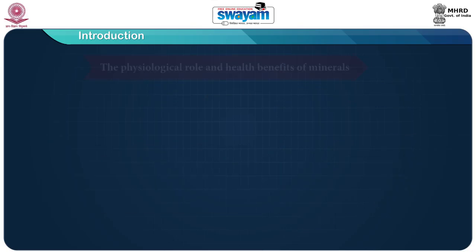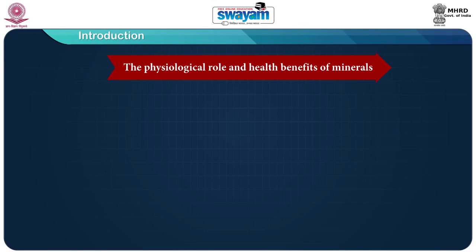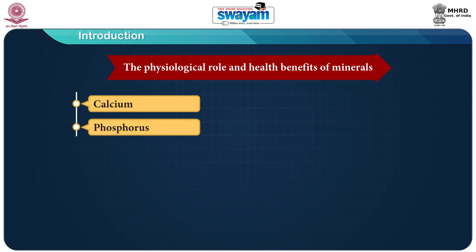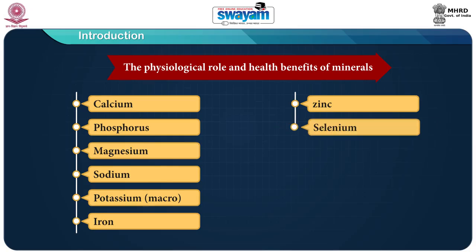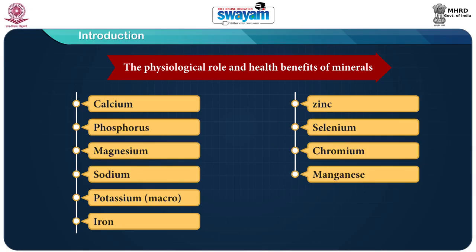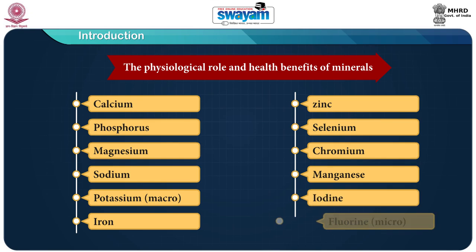animals. The physiological role and health benefits of minerals discussed herewith include calcium, phosphorus, magnesium, sodium and potassium, which are classified under macro minerals, and iron, zinc, selenium, chromium, manganese, iodine and fluorine, which come under the category of micro minerals or trace elements.